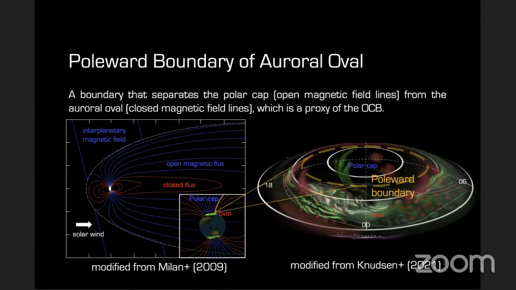On the other hand, the open and closed field line regions are called the polar cap and the auroral oval. Therefore, the polar boundary separates the polar cap from the oval, which is a proxy of the open-closed magnetic field line boundary.